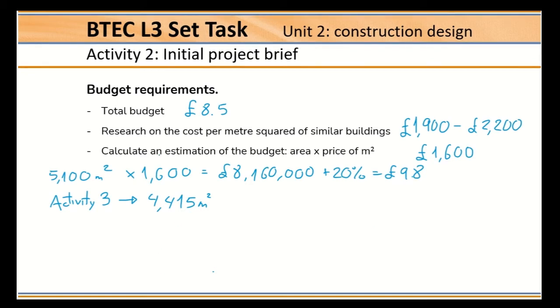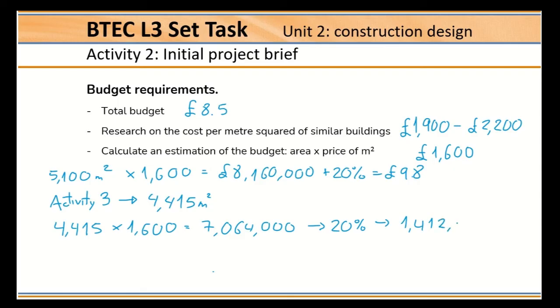Now I'm going to calculate the same estimation, but with 4,415. The 20% of this is, and if I add this together, the total cost is, which is nearly 8.5 million.